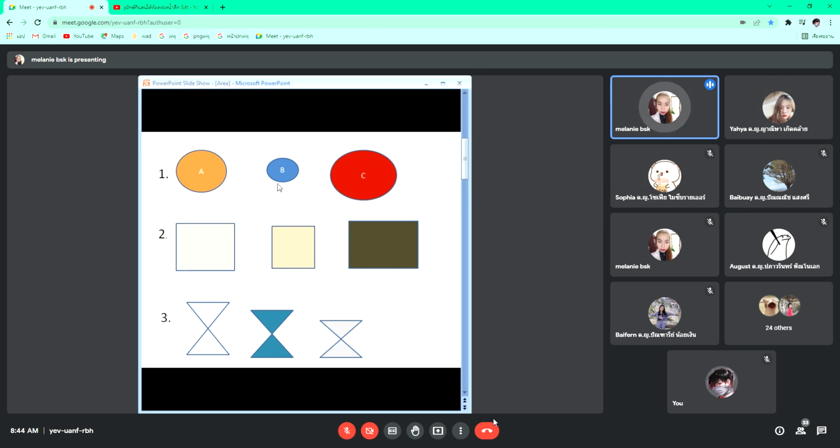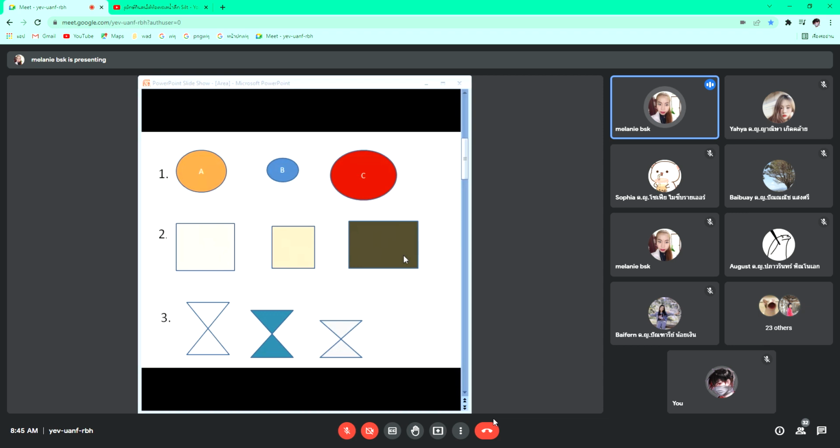Okay, for number 2, let me see those who are in here. August. Hello, good morning, August. Okay, August, for number 2, which shape occupies the smallest area?